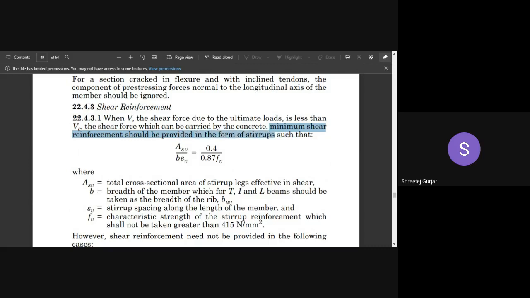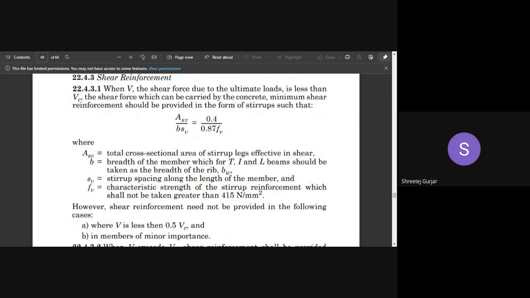Even though your concrete has the capacity to handle that shear, you have to provide minimum shear reinforcement. This particular formula you have to use when V is less than VC, and you can calculate the minimum reinforcement that you have to provide.